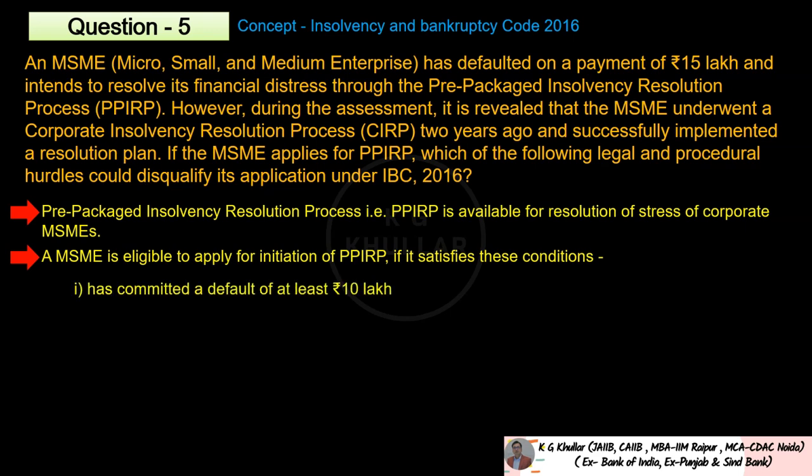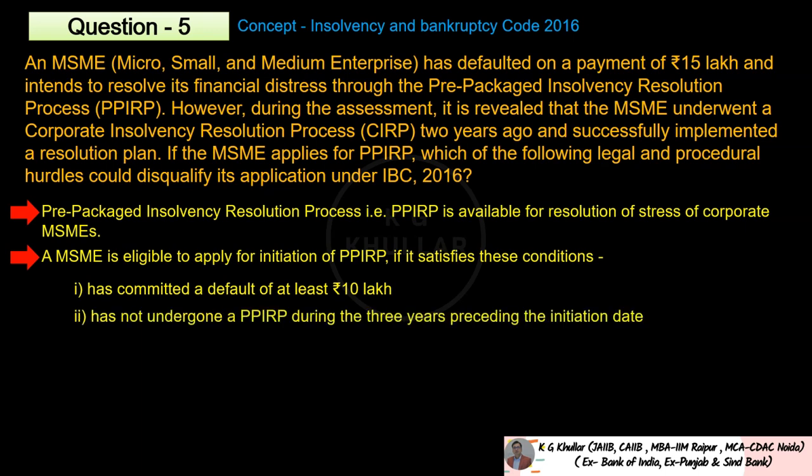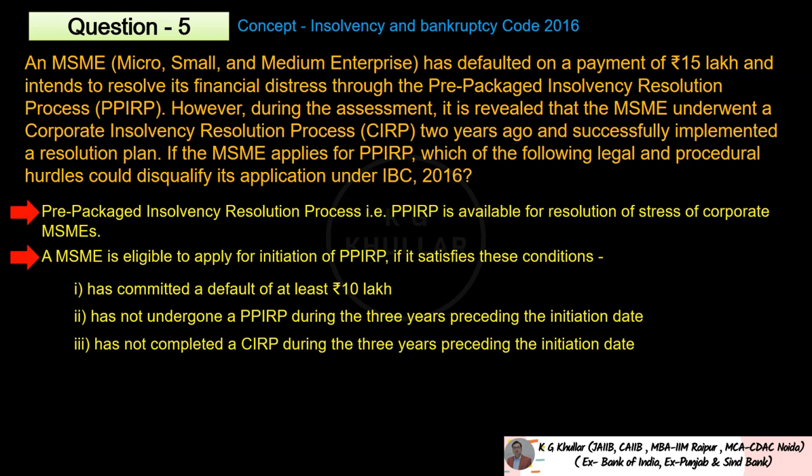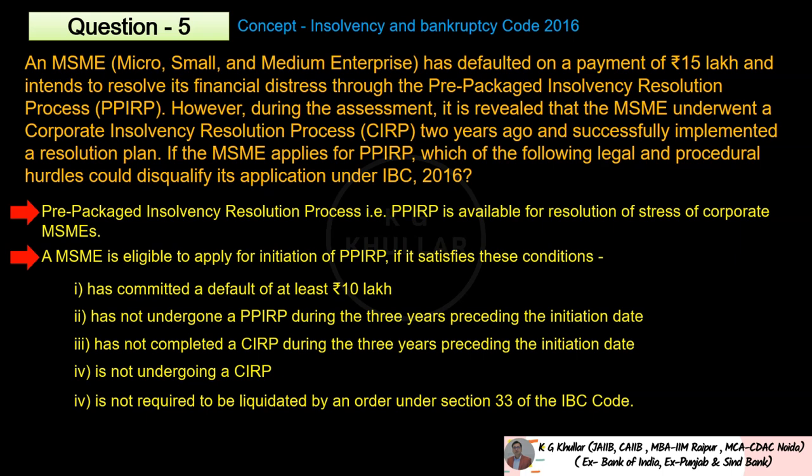That is, first condition is, it has committed a default of at least Rs 10 lakhs. Then second is, it has not undergone a PPIRP during the 3 years preceding the initiation date. Then third one is, it has not completed the CIRP during the 3 years preceding the initiation date. Then fourth one is, it is not undergoing a CIRP. And last condition is, it is not required to be liquidated by an order under section 33 of IBC code.